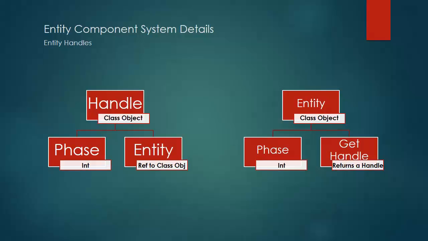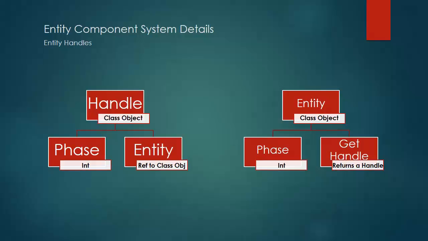So what I mean by that is anytime we recycle an entity, meaning we shut it down, we strip off all of the components, we reset its values, and throw it back into the queue to be used if we need to create a new entity at a later point in time, right? So when we do that full circle operation, when we clean it and throw it back into the queue, we're going to increment its phase. And so that means that its phase is going to be one higher than it was before.